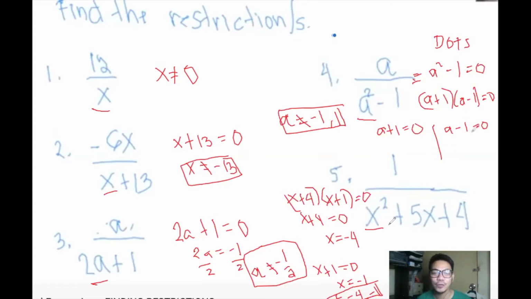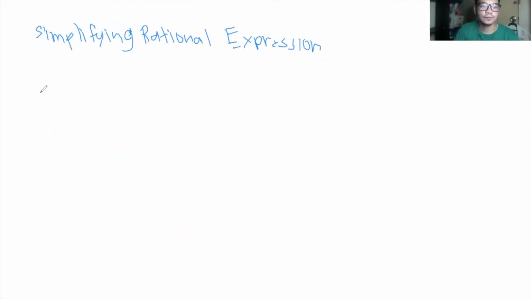We now proceed to our next lesson, which is simplifying rational expressions. Let's recall first, how do we simplify fractions? For example, let's have 12 over 20.